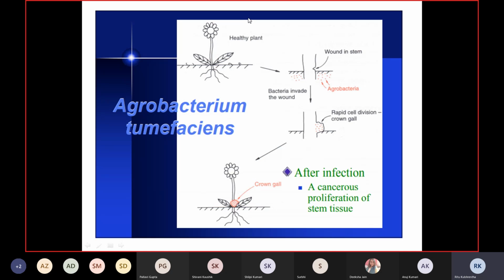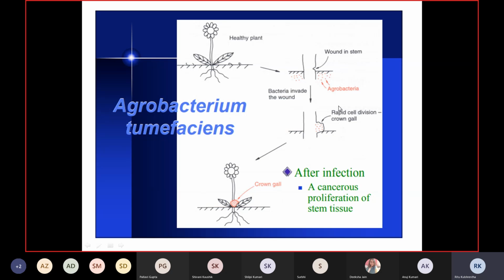Let's say this is a healthy plant and there is a wound in the plant. From the wound, certain chemicals are released. Agrobacterium gets attracted by those chemicals. It goes there and it has some way, I'll tell you how, of transferring its native plasmid, called the Ti plasmid, into the plant cells.